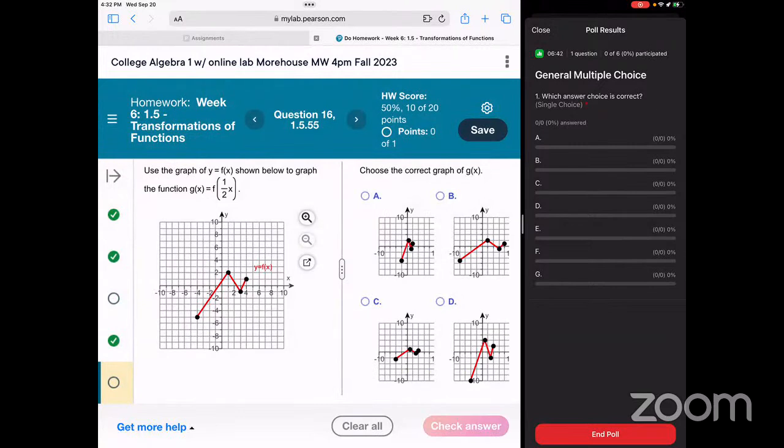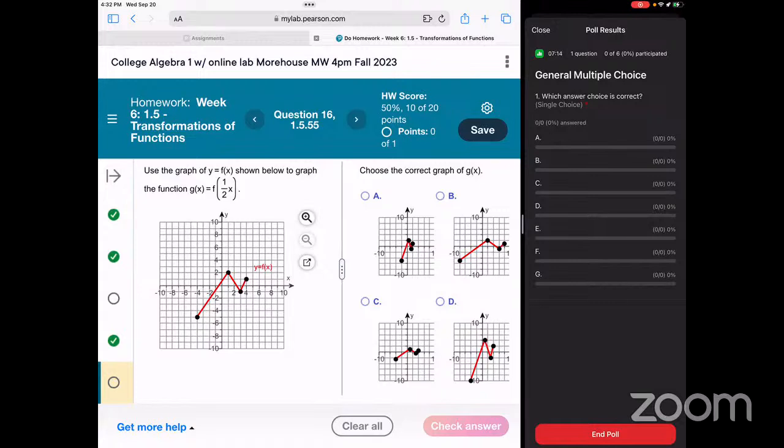Use the graph of y equals f of x shown below to graph the function g of x equals f of 1/2 x. Okay, let me see. So the graph of f of x is given, and we multiply the inside by a number between 0 and 1. So inside manipulations cause horizontal changes, and they're the reverse of our intuition. So intuitively, I know if I multiply by a smaller number that's between 0 and 1, because it's on the inside, I know it's the reverse.